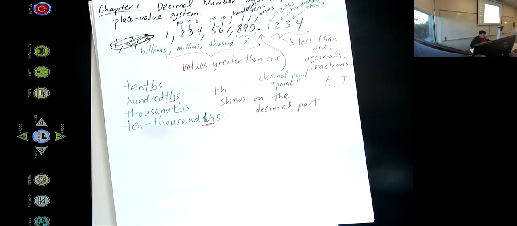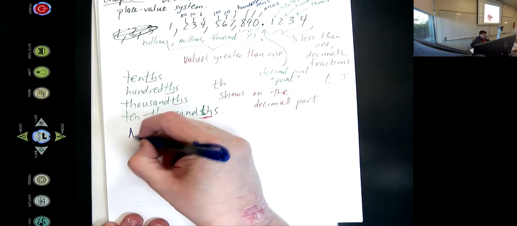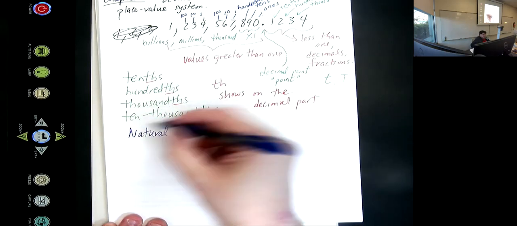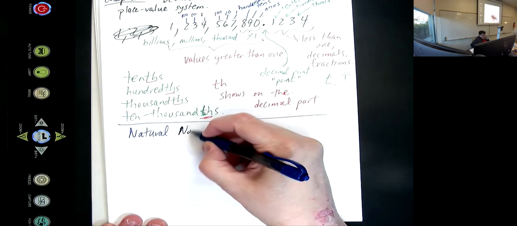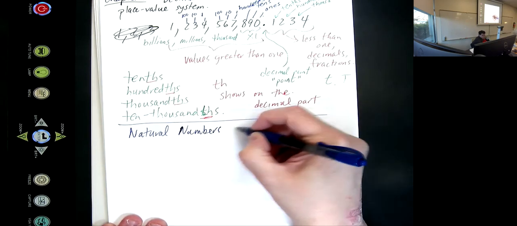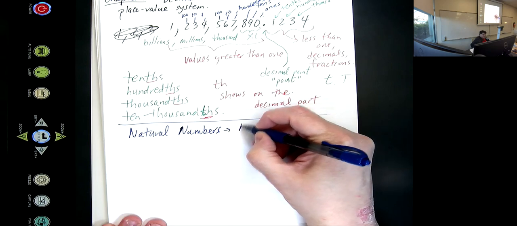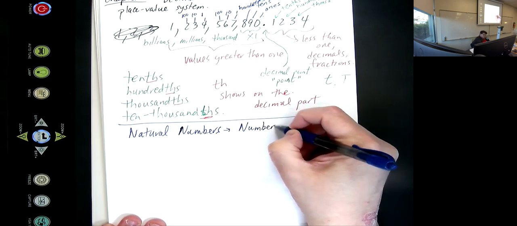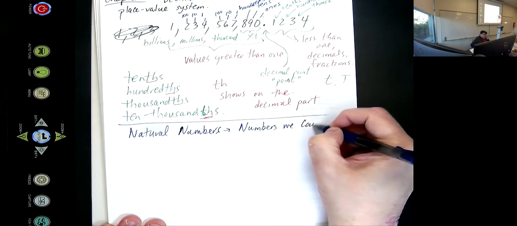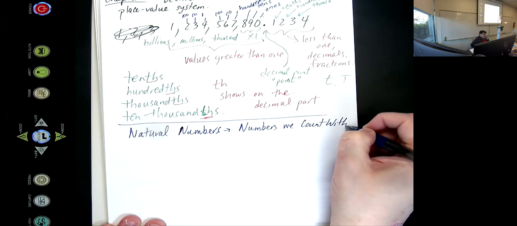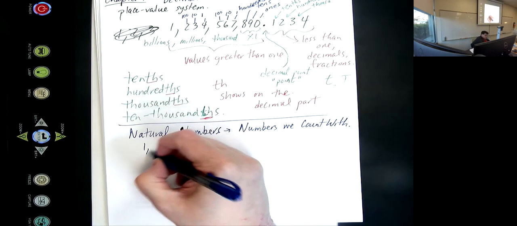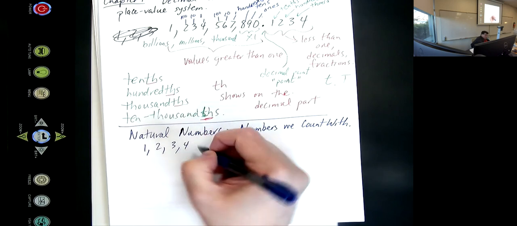So we have something called natural numbers. What makes them natural? They're the numbers we count with. One, two, three, four, five, and so on.